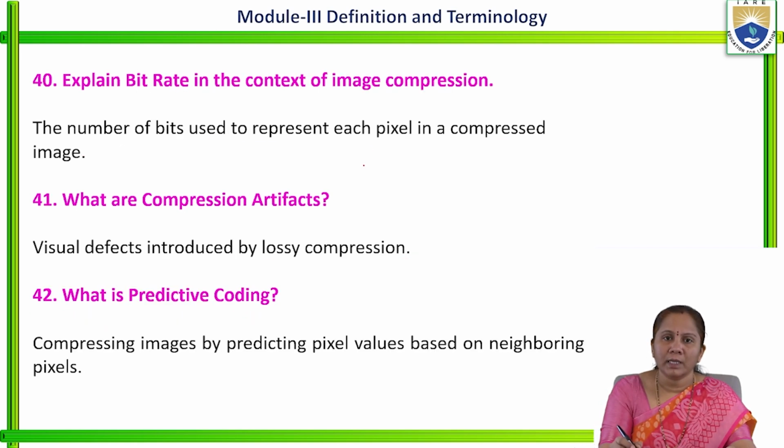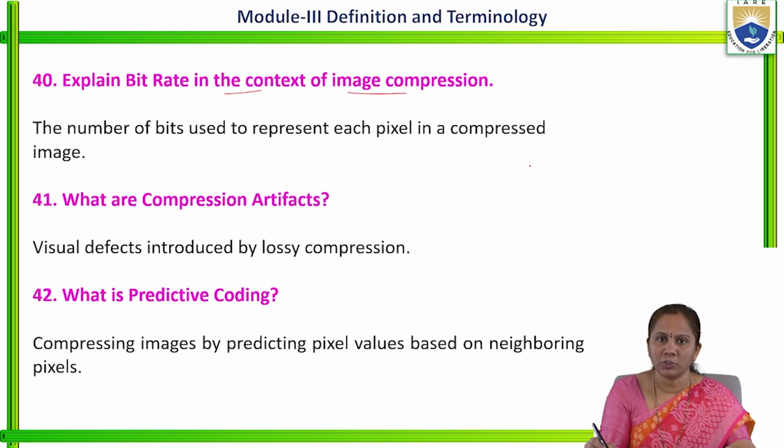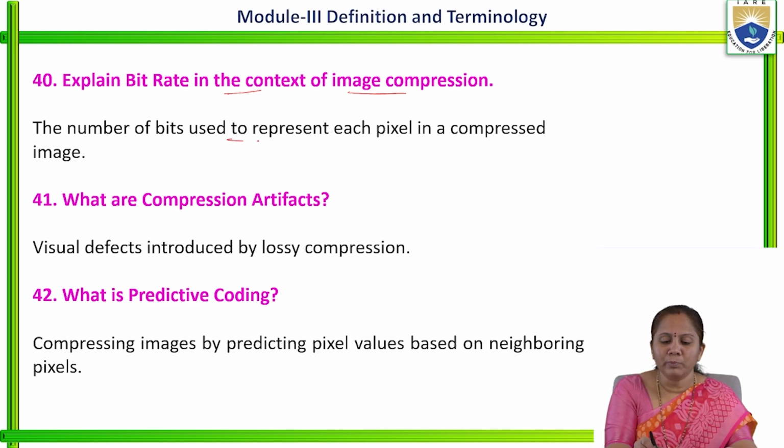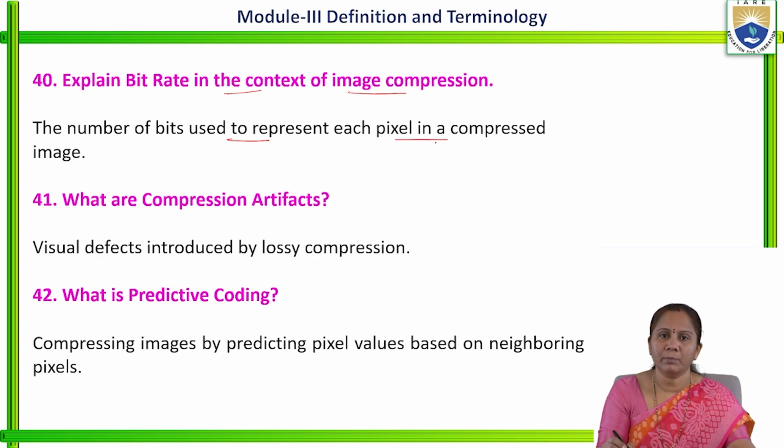And next one is explain bit rate in the context of image compression. That means in the concept of image compression, what is meant by bit rate? The number of bits used to represent each pixel in the compressed image is called bit rate. And what are compression artifacts?